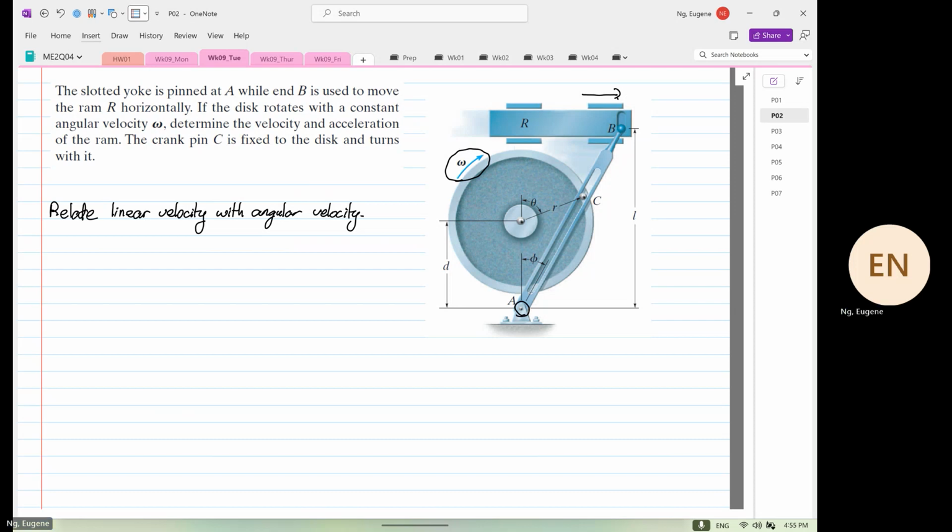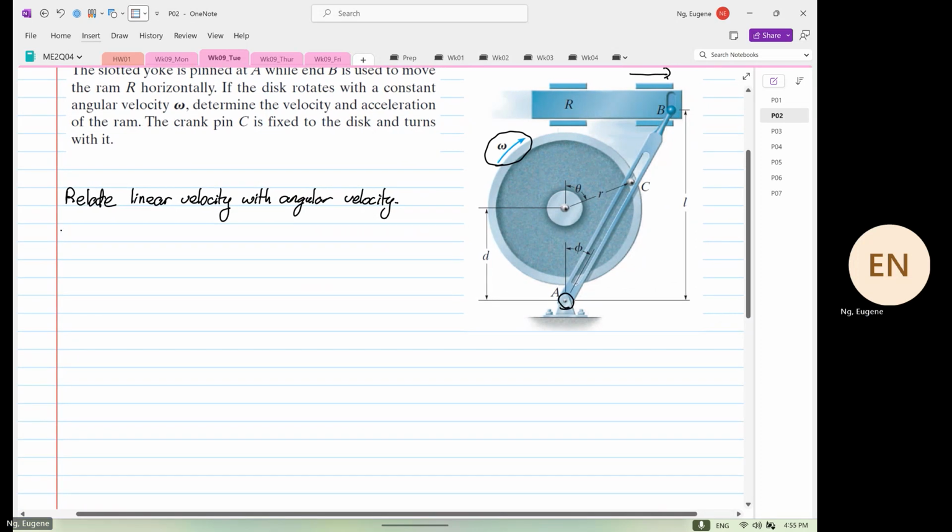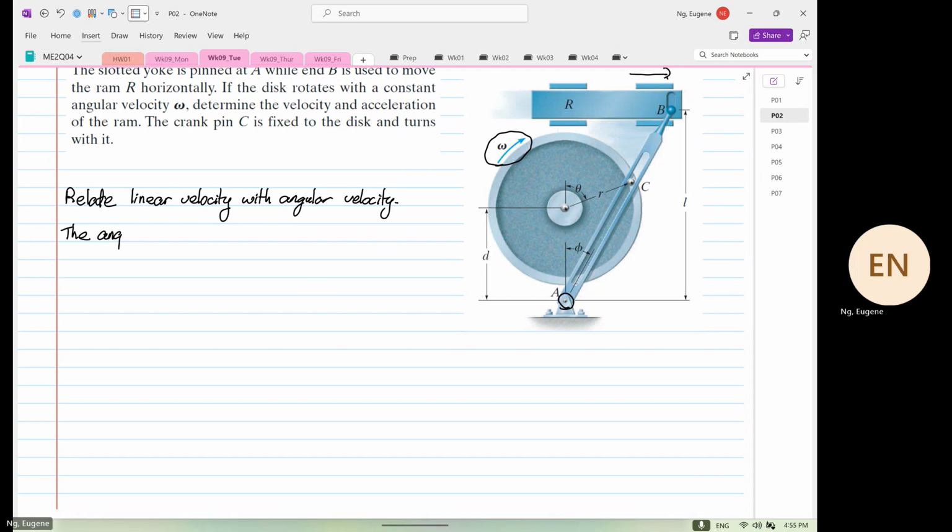So now, what are the variables? What angles are a function of time? We can see down here, there are 2 angles that are a function of time.